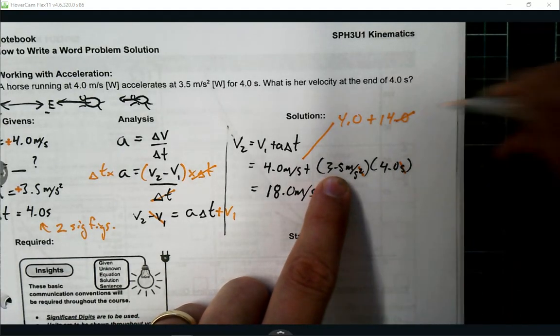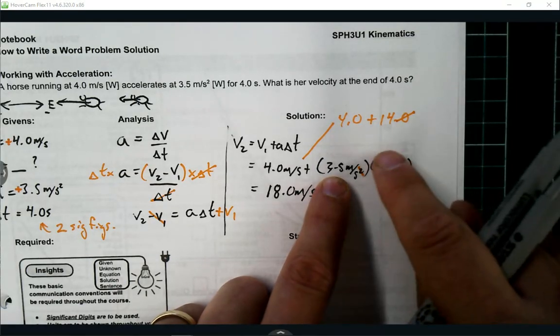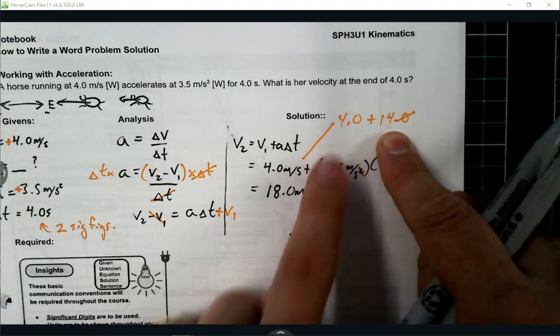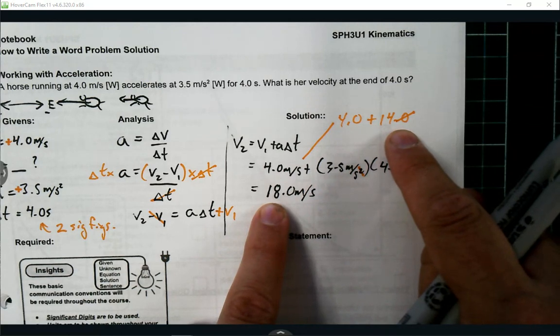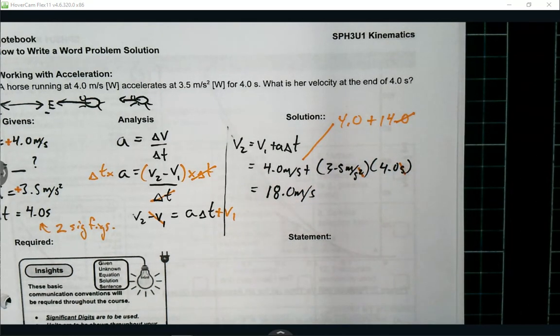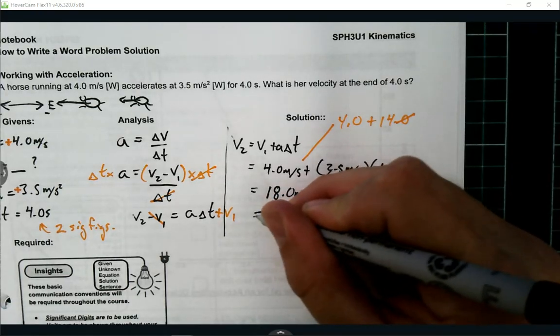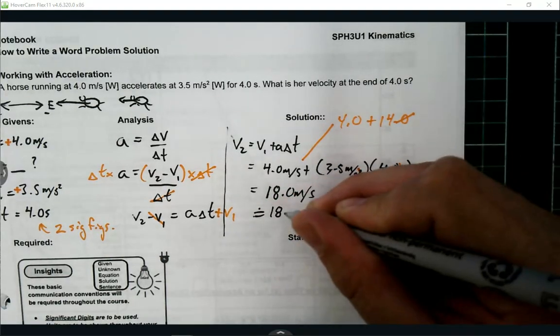Shouldn't that have really rounded to 14? And then 14 plus 4 is 18. And so really, this guy didn't have any decimal places attached to it because of the rounding due to multiplying. And so this guy really should round off to approximately 18 meters per second.